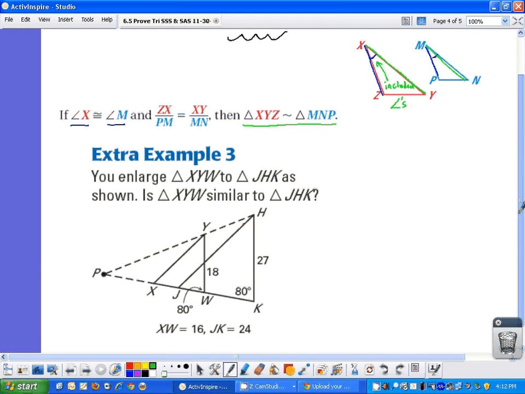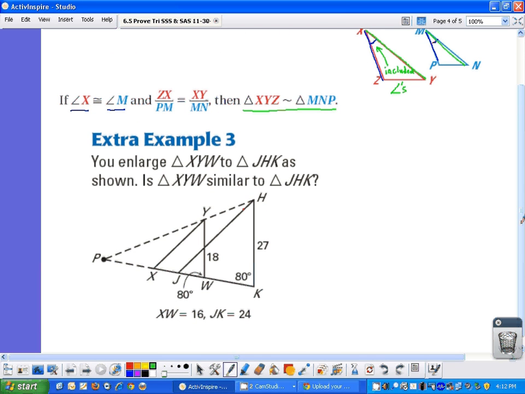So let's use this in an example. Enlarging means to take an object and increase it, but you create a similar shape. In this case, it'd be a similar triangle to the original, but it's been scaled up by a certain scale factor.